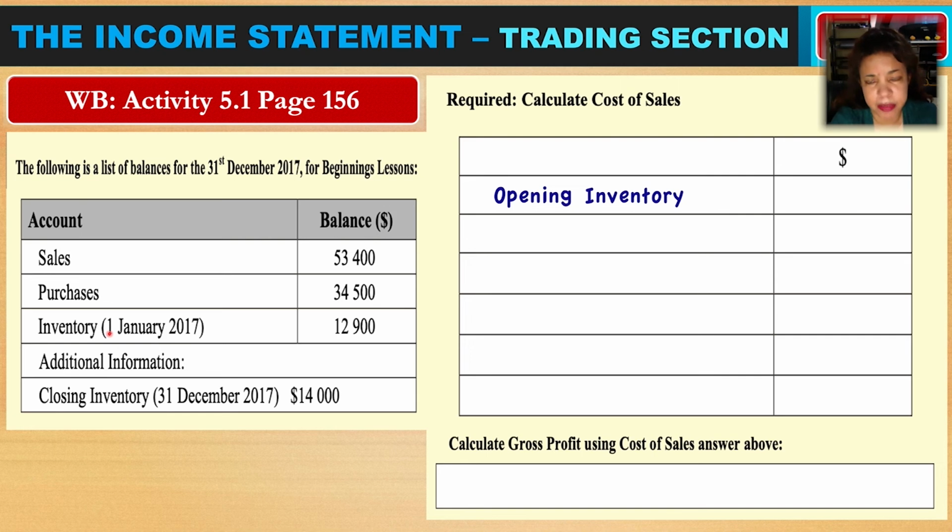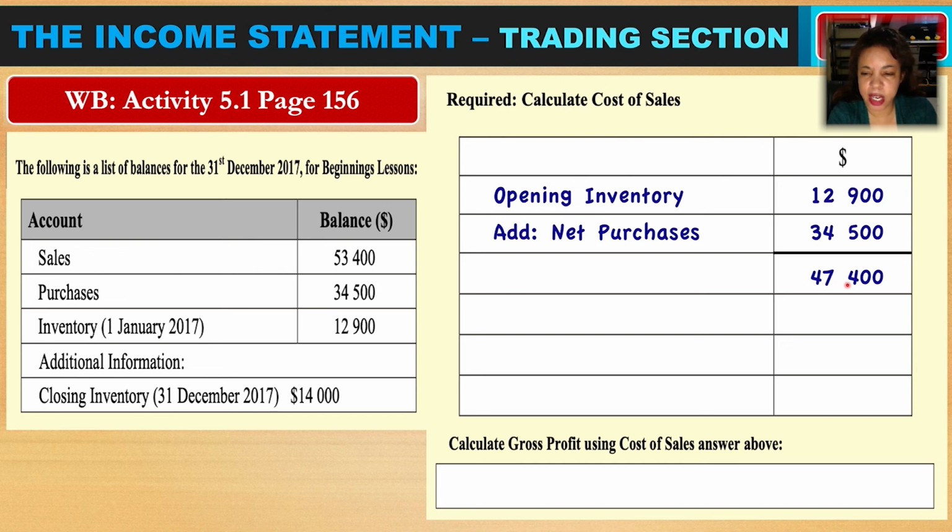That's the beginning of a period. Opening inventory 12,900. You add your purchases, 34,500. Add it up, you get 47,400, which will be your cost of goods available for sale.